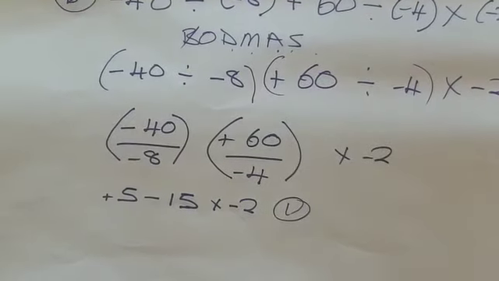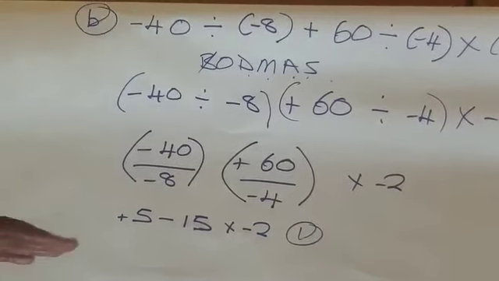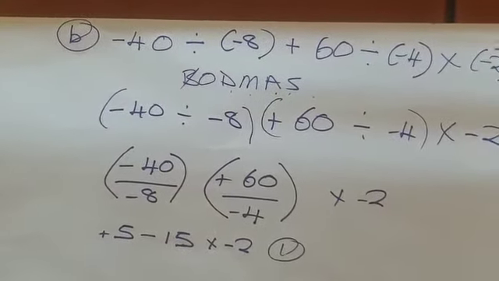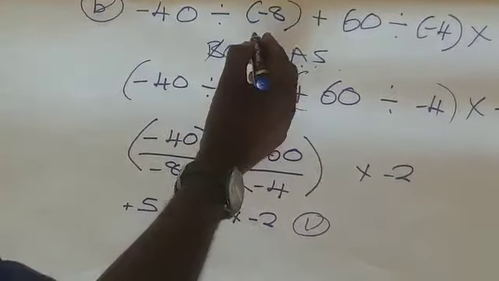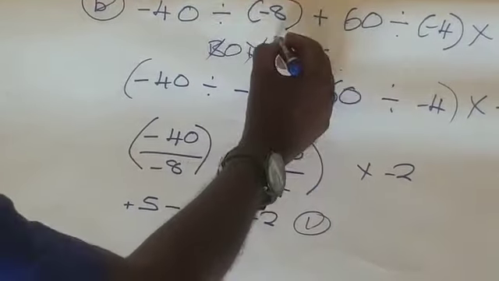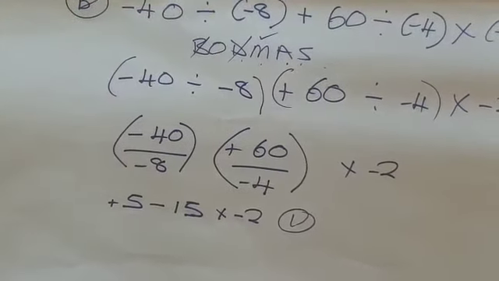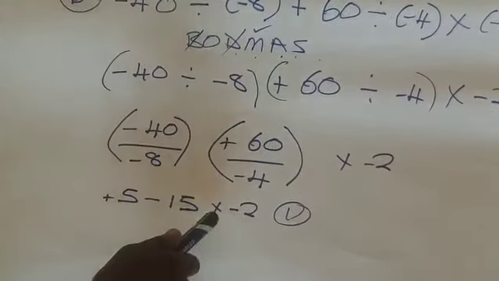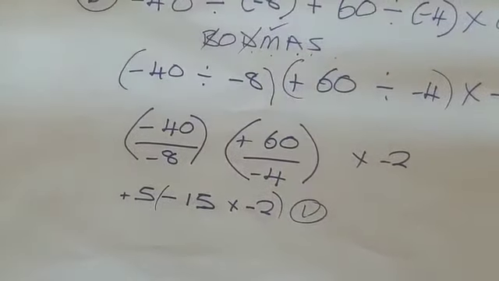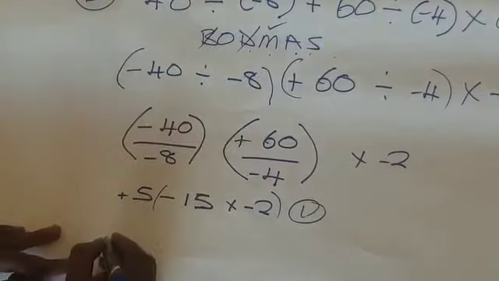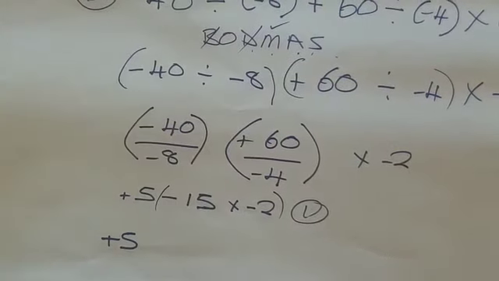Now, we are not yet done with the question because we need to find the answer. Remember we are still dealing with BODMAS, so since we are done with division, we are going to concentrate on multiplication, and we know the operation for multiplication is times. We are going to get these two numbers and multiply them, meaning we copy positive 5.